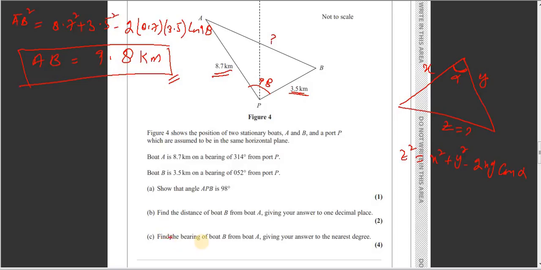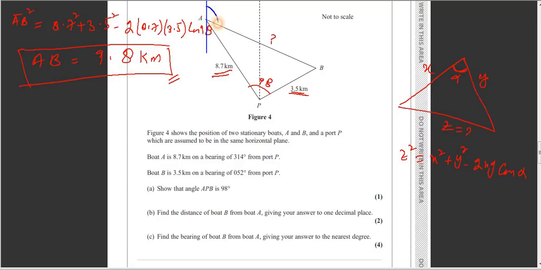Part C, find the bearing of boat B from boat A, giving your answer to the nearest degree. So the bearing of B from A. This is the north line for A and you need to figure out this bearing.